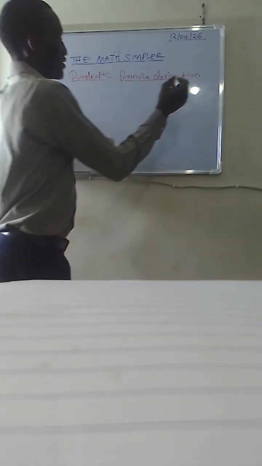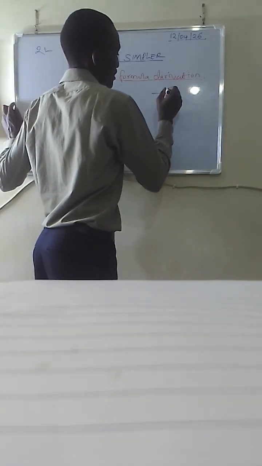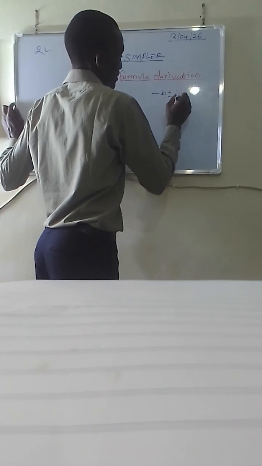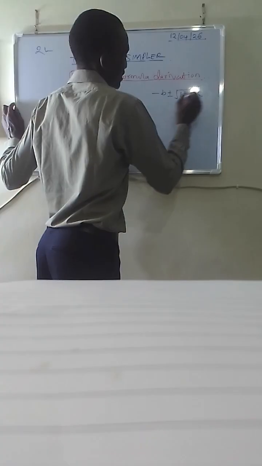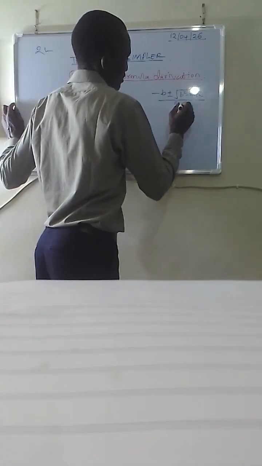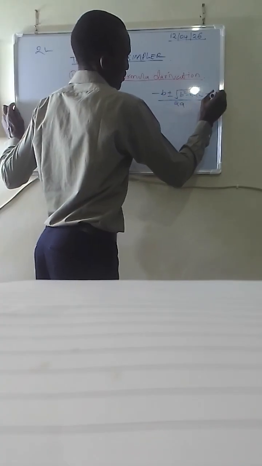The formula itself is x equals minus b plus or minus the root of b squared minus 4ac, all over 2a.